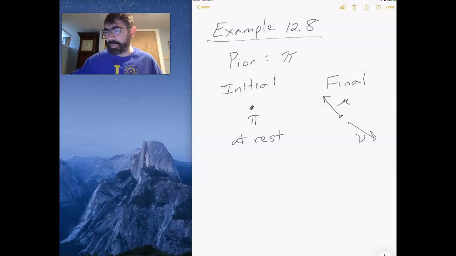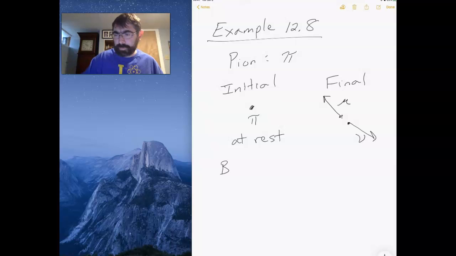So it'll decay into these two particles, which now are moving away with some speed. What we're saying is the mass of the pion is going to convert into the mass of the muon, the mass of the neutrino, and the momentum of the neutrino and the muon.